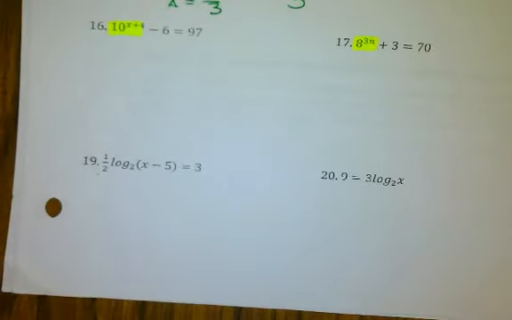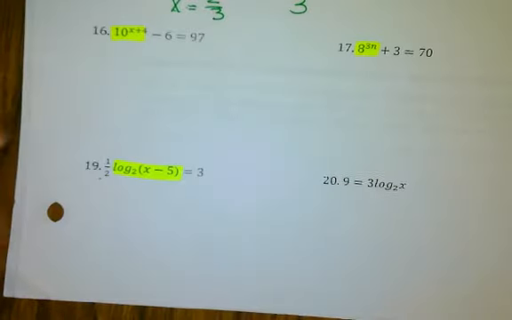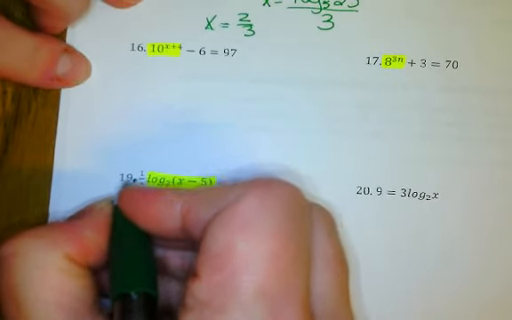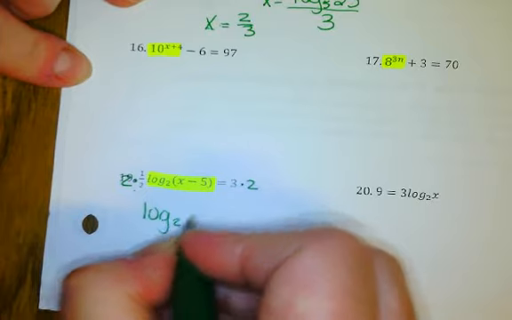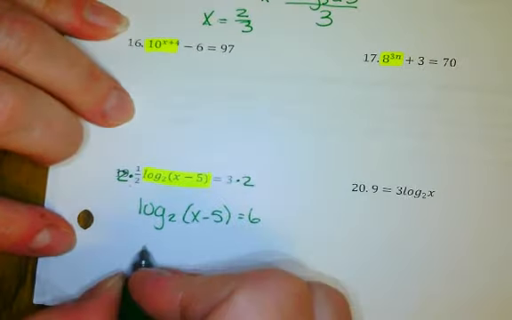Alright, on these here, I'm trying to get the log base something by itself, for instance. So I'm trying to get this part by itself, and once it's by itself, then I can change it into exponential. So on this one, what I'm going to have is, I'm going to get rid of that 1/2, so I'm going to multiply by 2. That gives me log base 2 of x minus 5 equals 6.